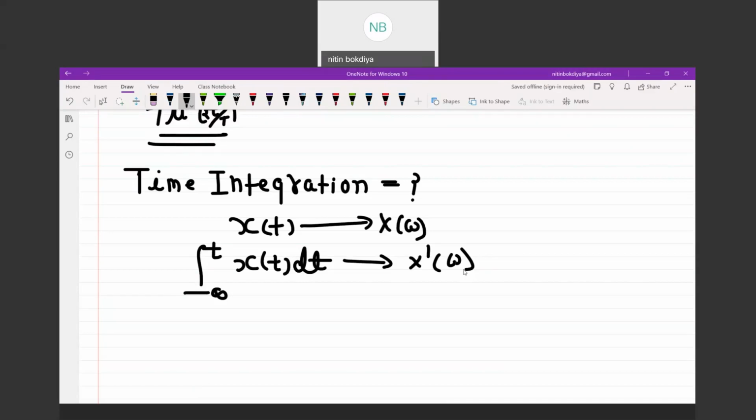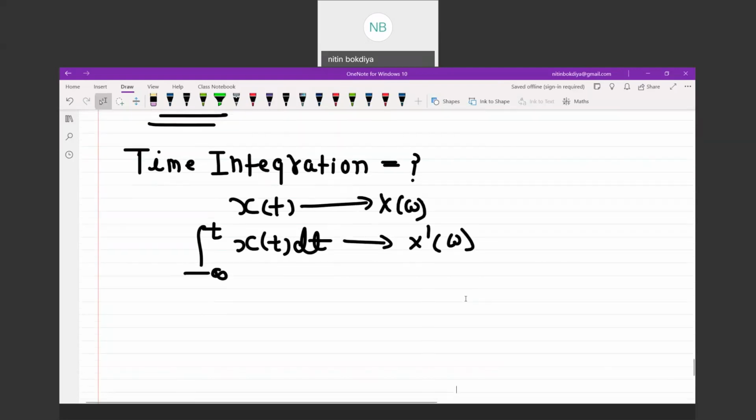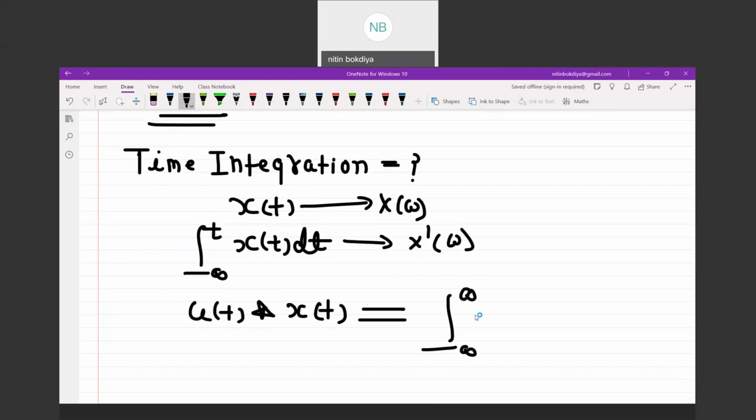How to approach this question? The approach is very simple. We can say u(t) convolved with x(t) is given by the integral from minus infinity to infinity of x(τ) u(t minus τ) dτ.